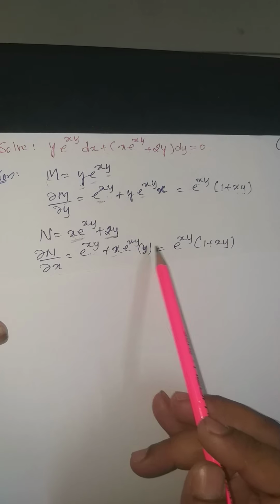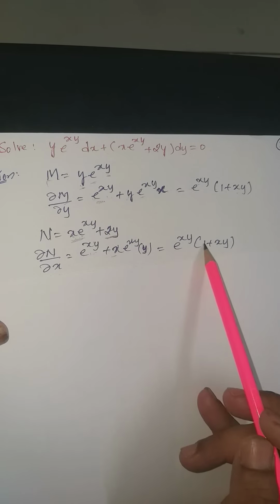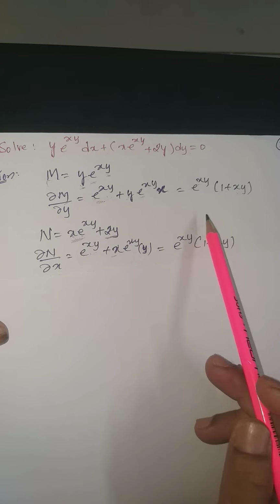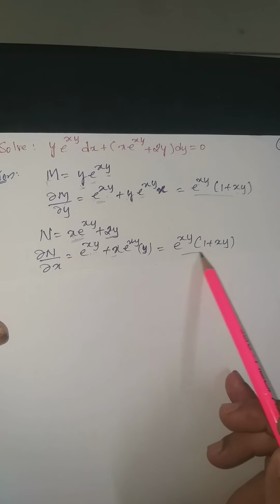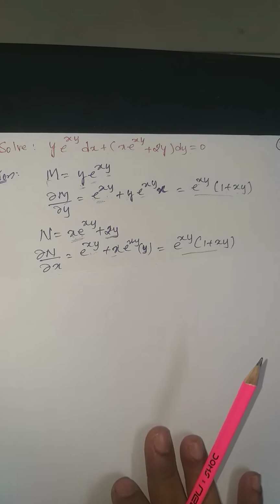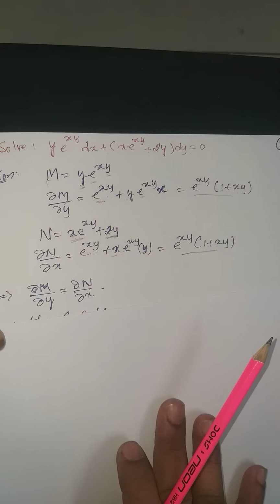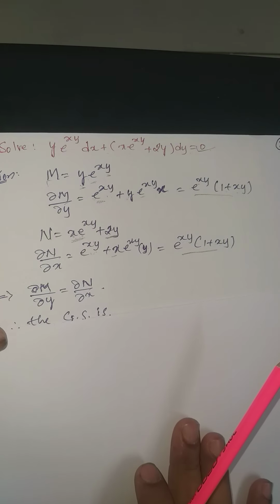So it becomes e^(xy)(1 + xy). You observe that ∂M/∂y and ∂N/∂x are one and the same. Therefore ∂M/∂y = ∂N/∂x. Hence the given differential equation is an exact differential equation.